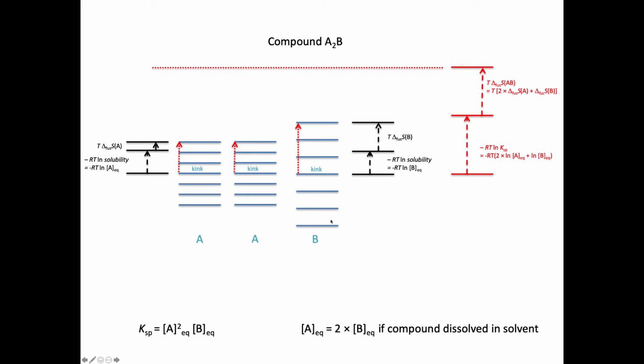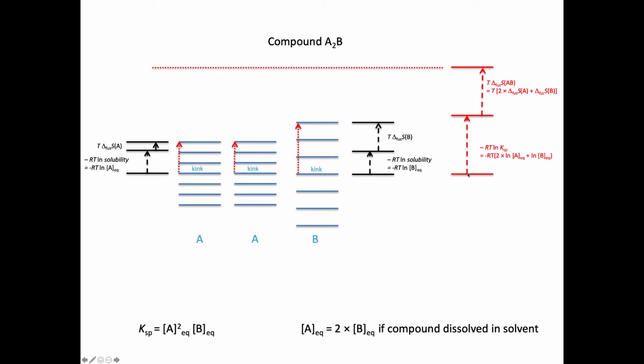So now you have 3 energy levels, 2 of which are the same as each other. And again, if you add now these 3 individual components together, that will make up for the A2B compound the difference between the equilibrium state here and the top state here, each one of these being the sum of the individual components.